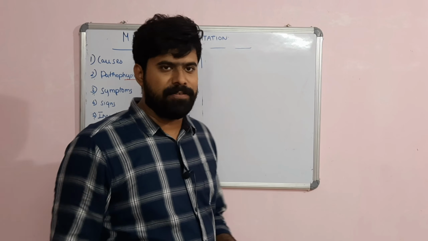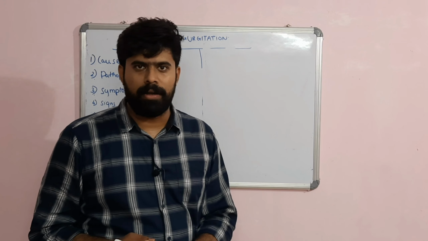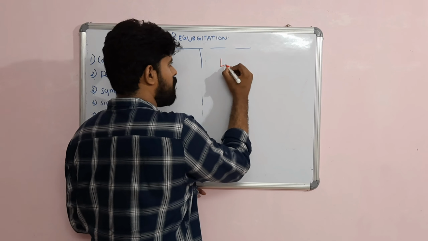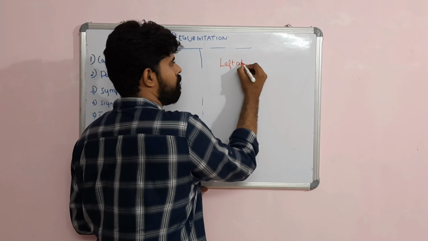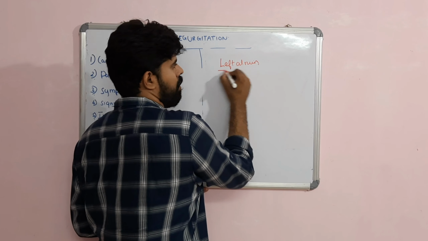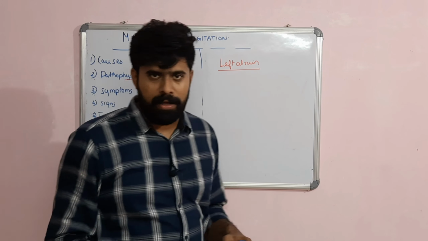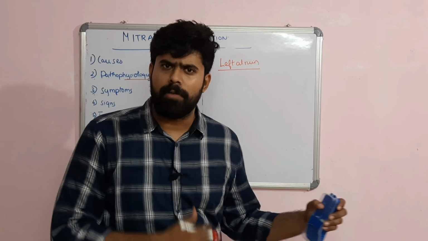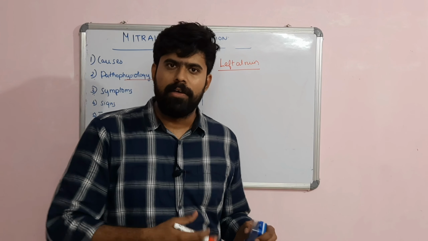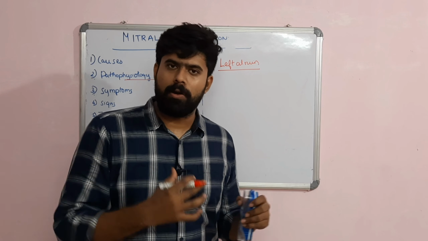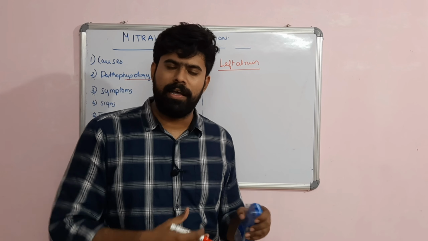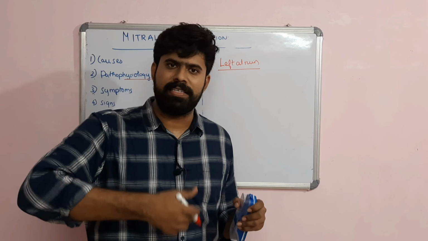So what is the basic difference between acute MR and chronic MR? In a case of acute MR, the left atrium will not be ready to accommodate all this extra volume of blood. The left atrium cannot accommodate this extra volume, so the pressure within the left atrium increases very rapidly.